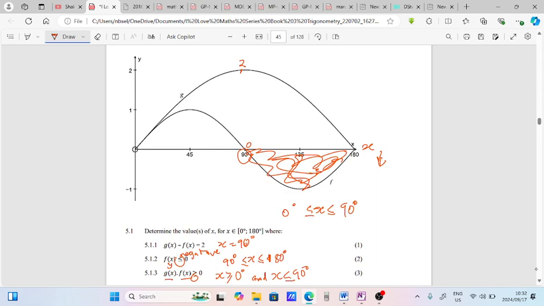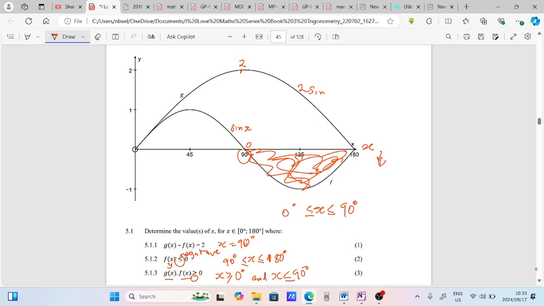Okay, what is the graph of this? Sine, cos, or tan? This is sine. What is the graph of this one? That will also be sine again. 2 sine.